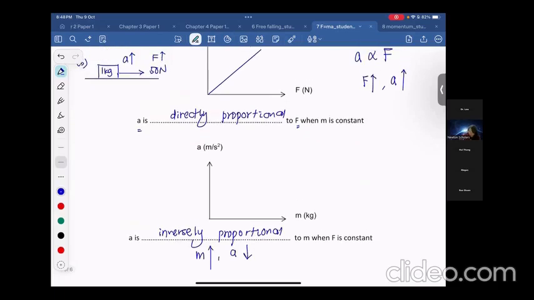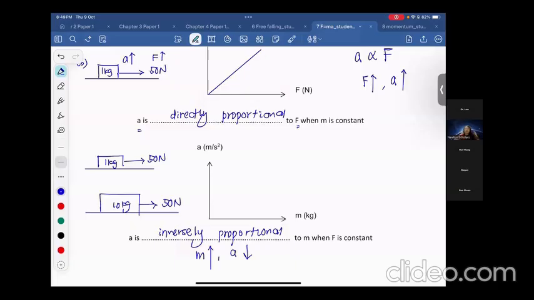So, example again, you have something to push. Let's say this one is 1 kg. You push with your adult 50 Newton. Okay, another one is a bigger object, which is 10 kg. You go to the shopping mall, you buy whatever you want, the tissue, the rice or whatever.